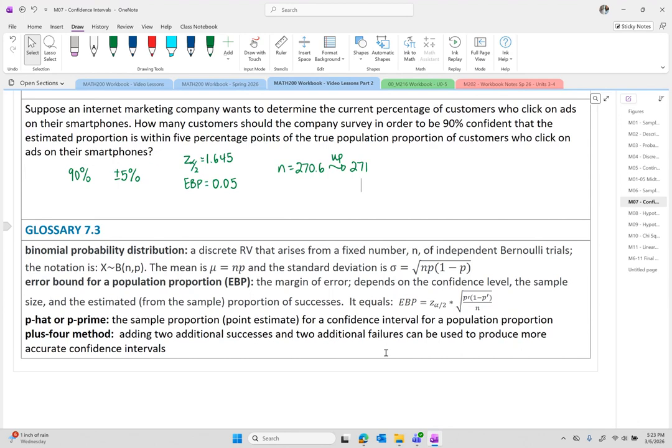We talked about p hat or p prime, which is the proportion in the sample, and that is the statistic, an estimation of the population parameter that is denoted with p, and in some books with pi, not in our book. Then we discussed the +4 method that is most effective for smaller samples, which generates a little more accurate results and also a smaller margin of error.